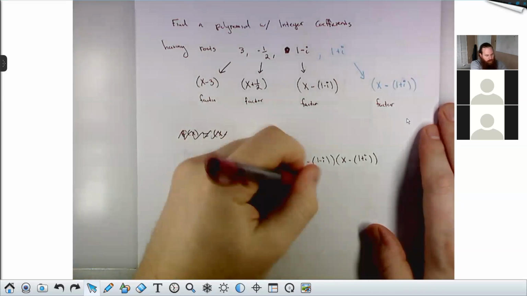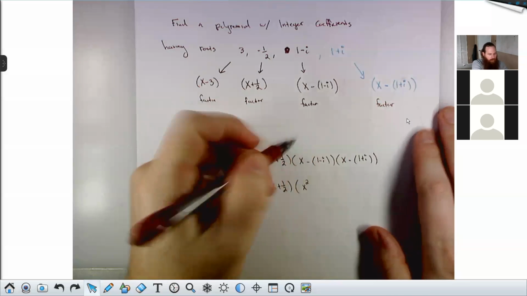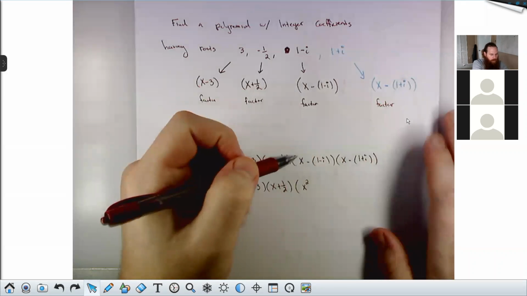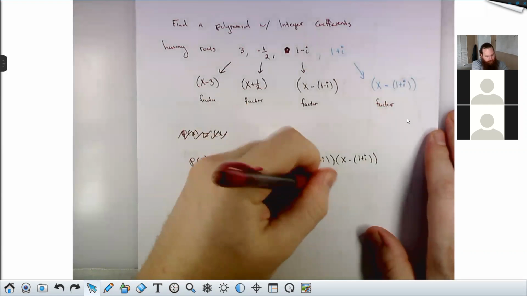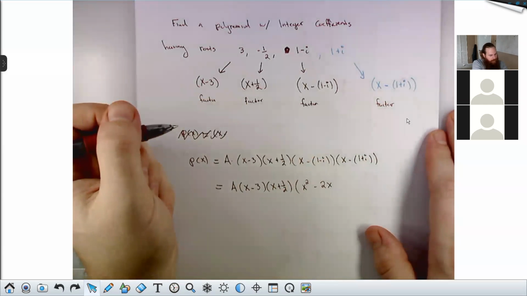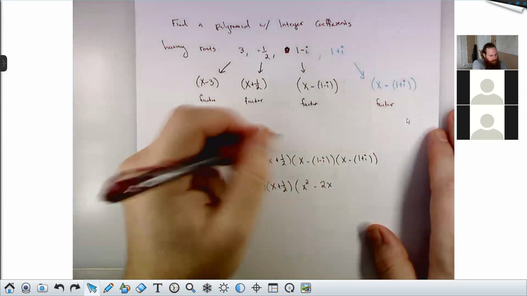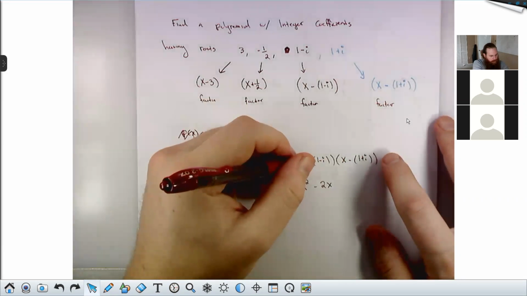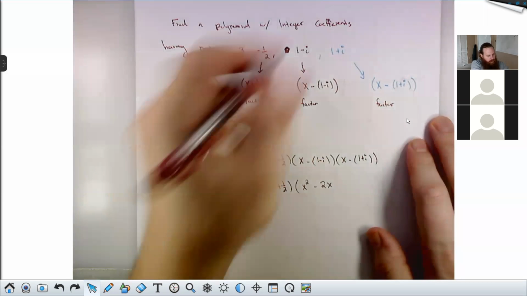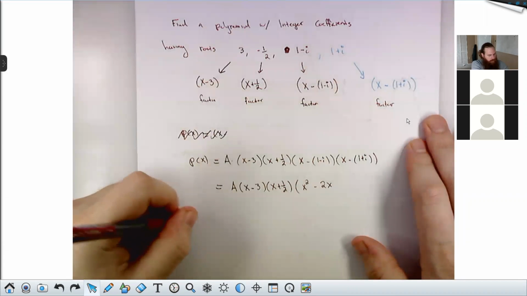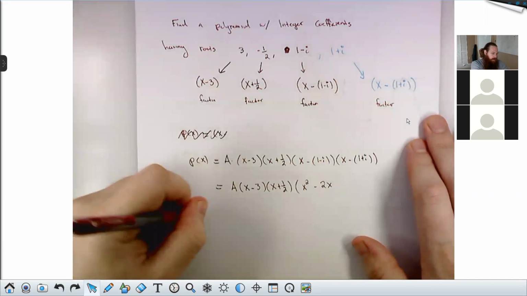This would be x squared minus 2x and then minus minus makes plus. This times this is 1 plus. I'll do it off the side. 1 minus i times 1 plus i.